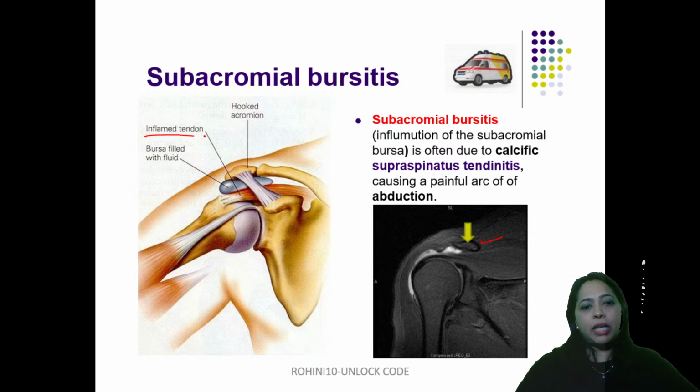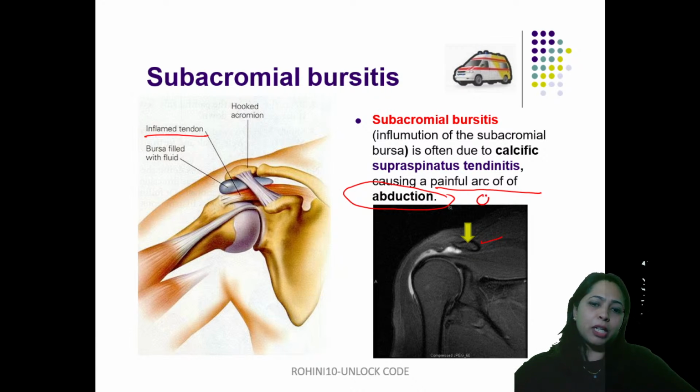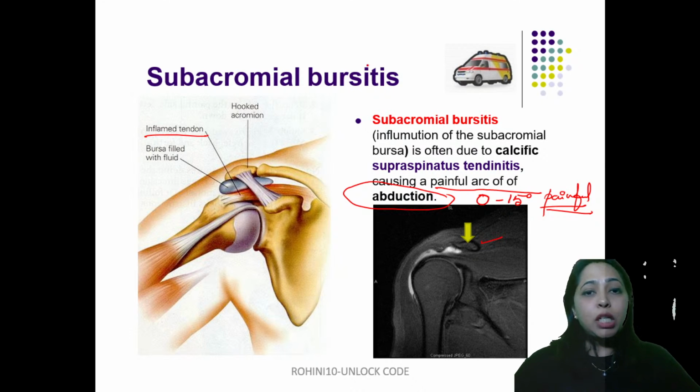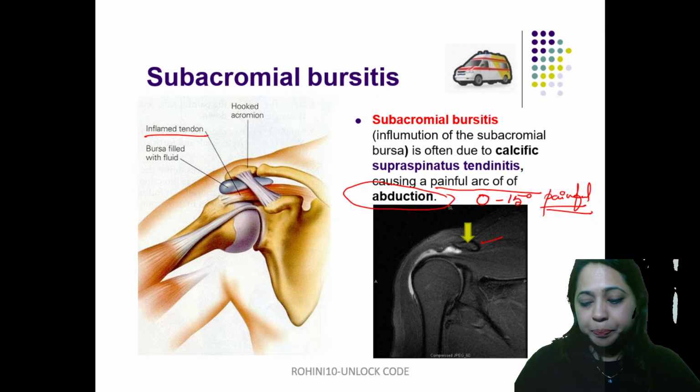There is an inflamed tendon and it is also pressing on the bursa, and you can see the bursa itself is inflamed, and that results in painful arc of abduction. So abduction, that is initial abduction 0 to 15, has become very painful. That's called painful arc syndrome, involving subacromial bursitis and pressing on the supraspinatus tendon.